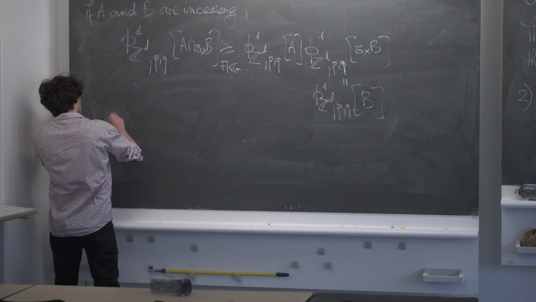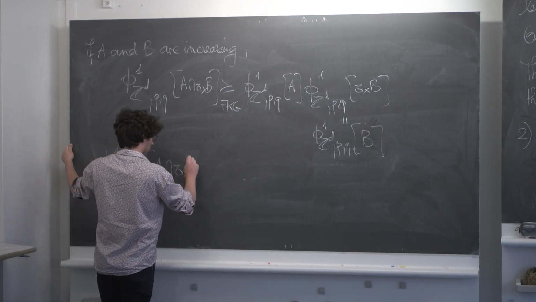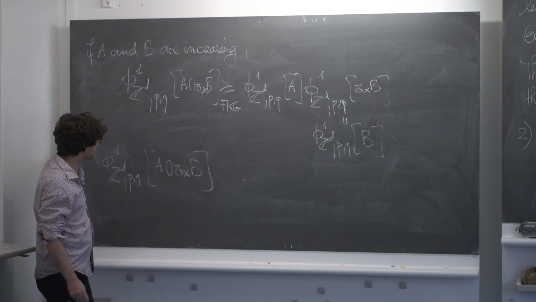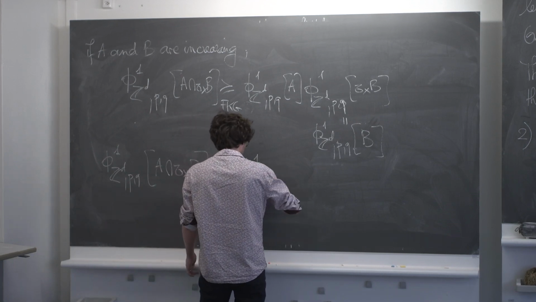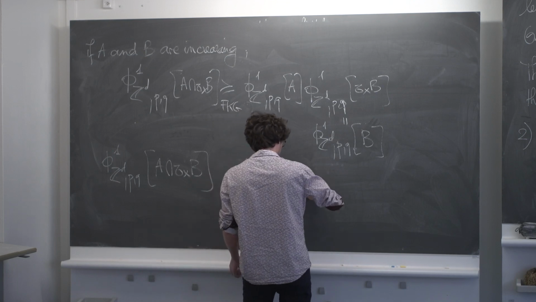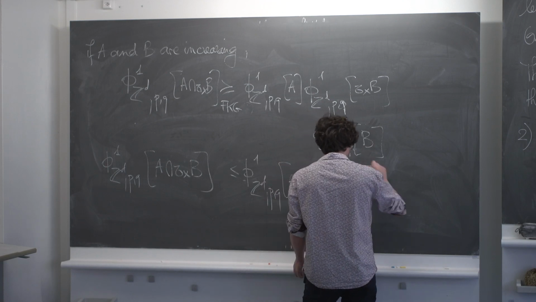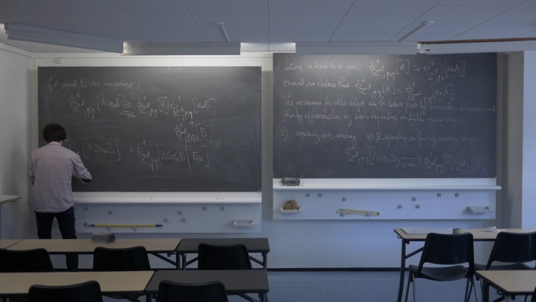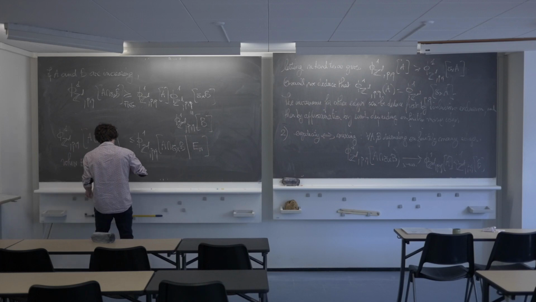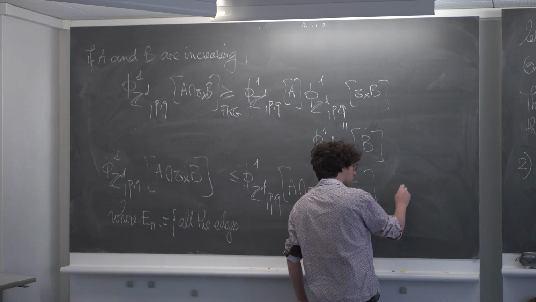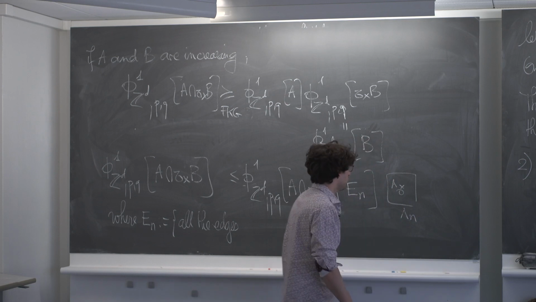And for the other inequality, notice that this is smaller or equal by FKG, that phi 1 ZD PQ of A intersected with tau x of B, knowing the events En, where En is the event that all the edges... So what I'm going to do is I have 0, I have a box of size n, an event A that depends, for instance, on the edges in that.